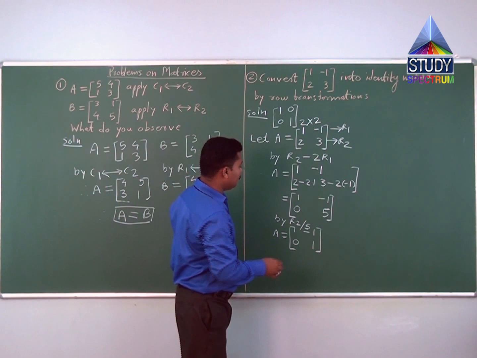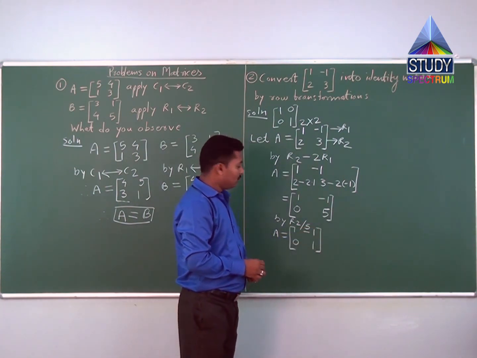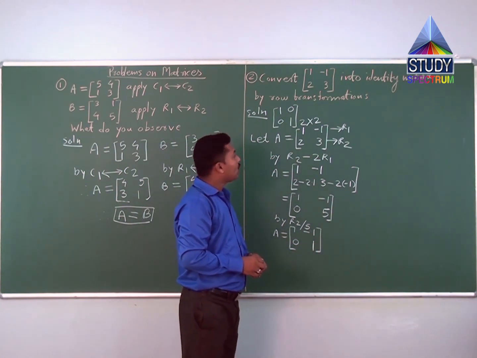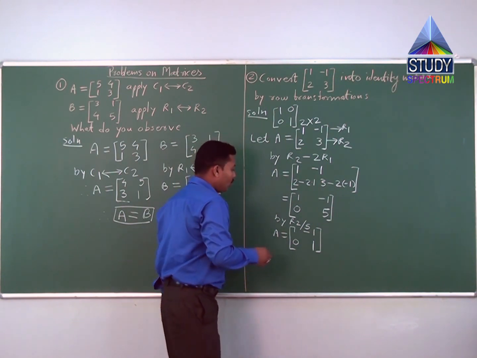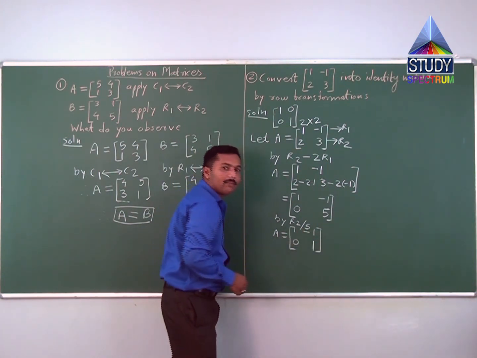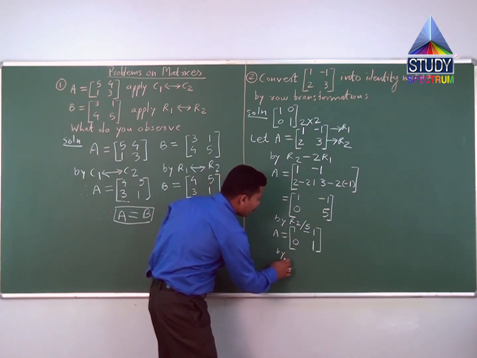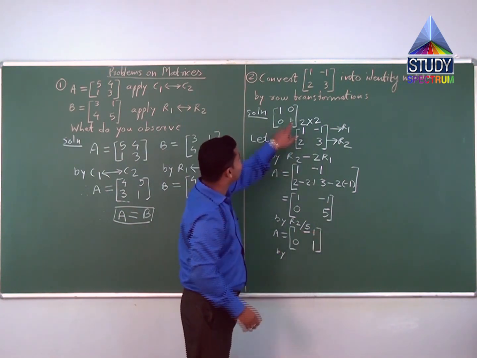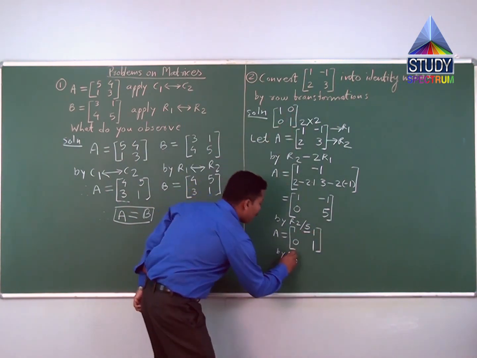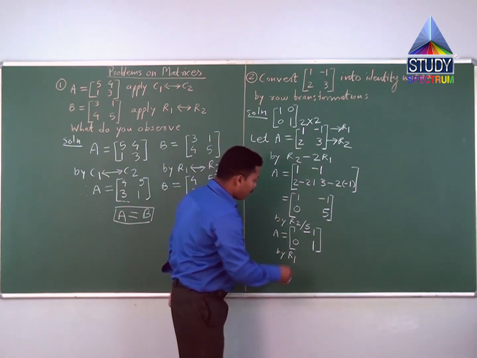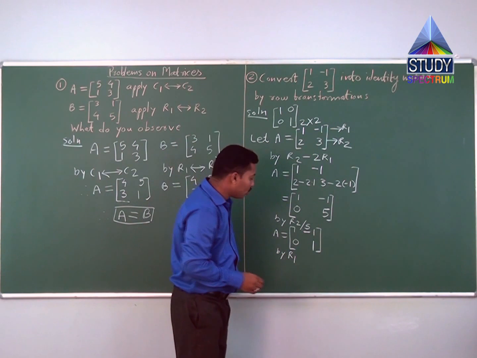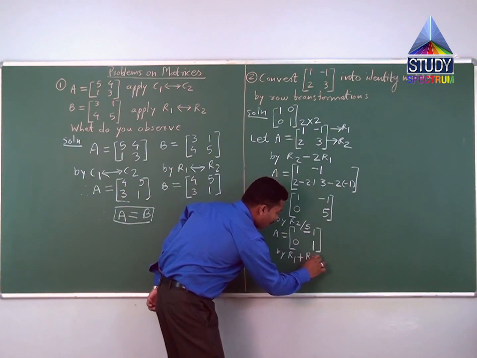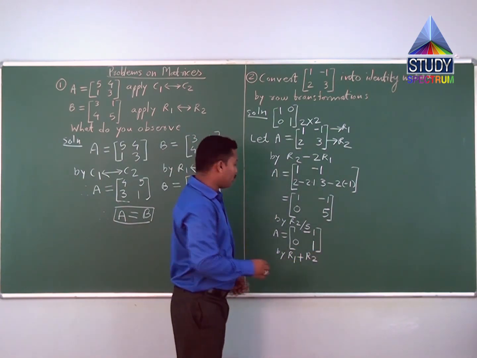Again, we want to remove this minus 1 by using the diagonal number 1. This 1 is a member of the second row, and this minus 1 is a member of the first row. We want to make this minus 1 a 0. So by R1 plus R2: minus 1 plus 1 is 0.